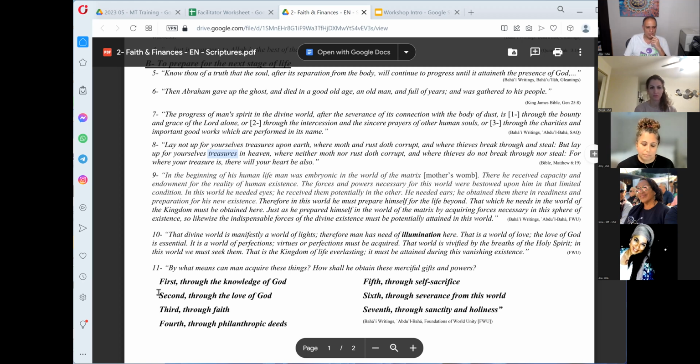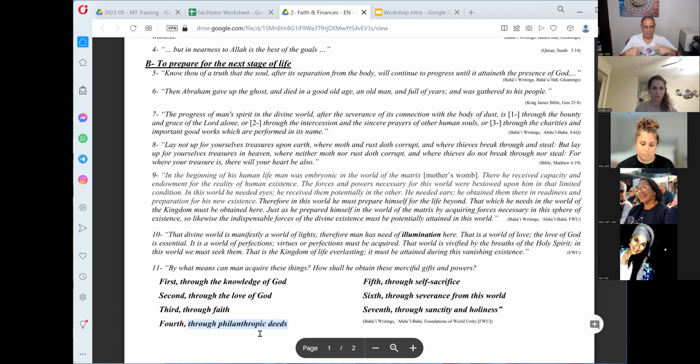And there are 7 steps given. Knowledge of God, love of God, having faith in God, that as he said, he will provide. I love this part of it, through philanthropic deeds. So we have to do something that we will be remembered by. We have to benefit the rest of humanity. We are not living on an island by ourselves.